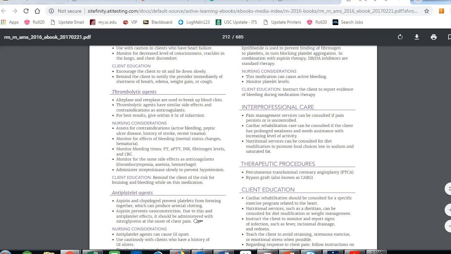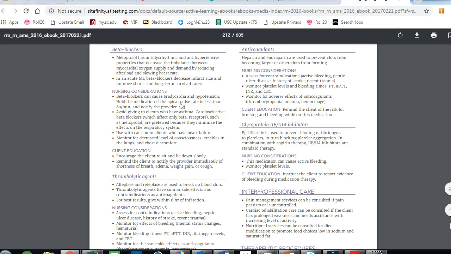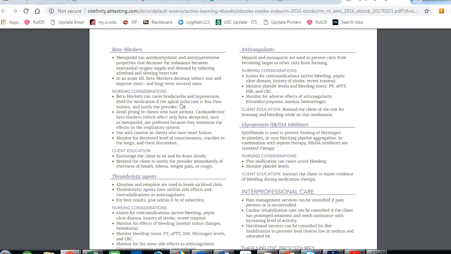And I'll talk about which ones, as far as thrombolytics, are important for you to know, and what's important to know about thrombolytics and anticoagulants, because thrombolytics and heart attack are a lot more critical. So we're not really going to go into thrombolytics too terribly much, but there are some types of anticoagulants that are very important for you guys to know.